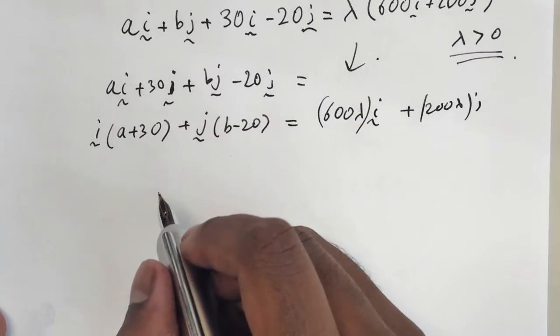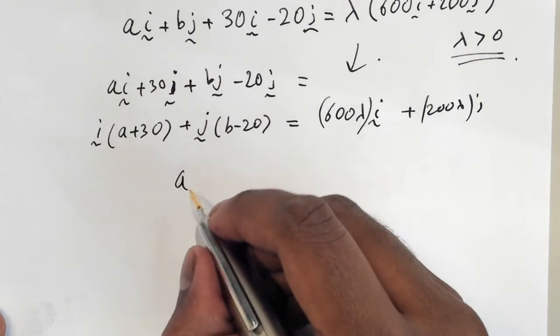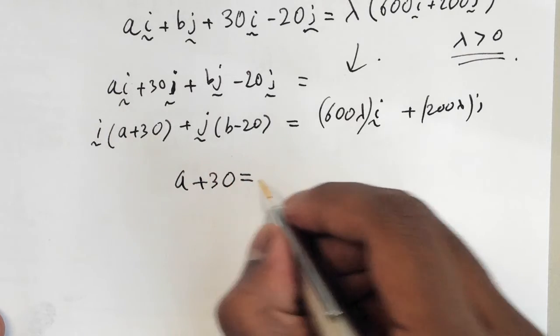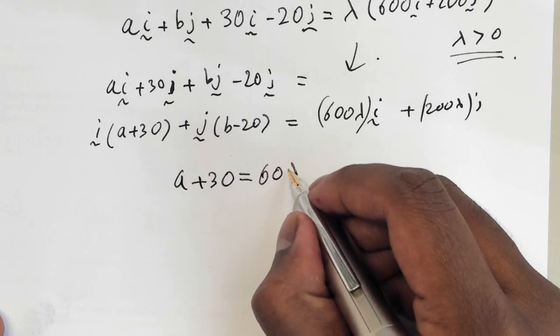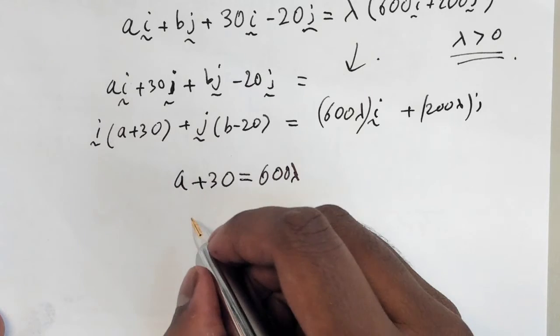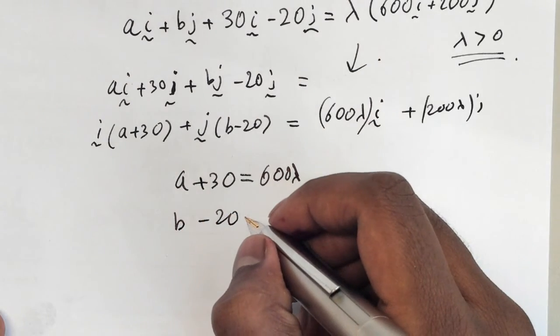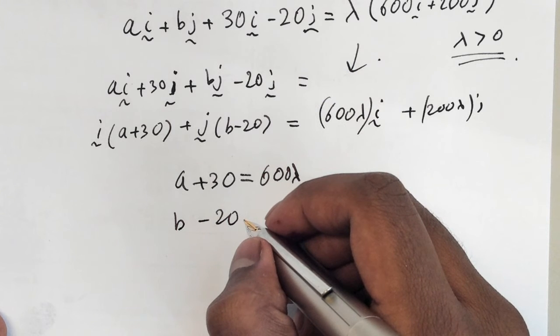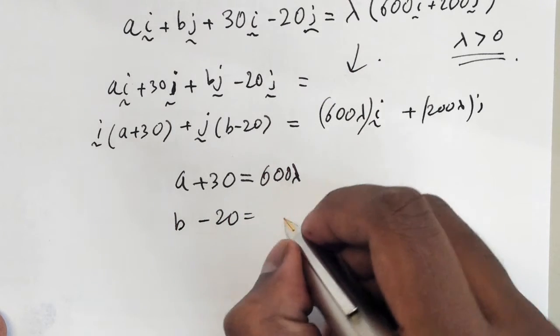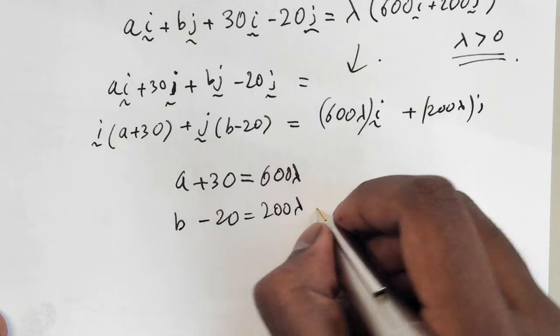So in other words, A plus 30 has to equal 600 lambda. And also B minus 20 has to equal 200 lambda.